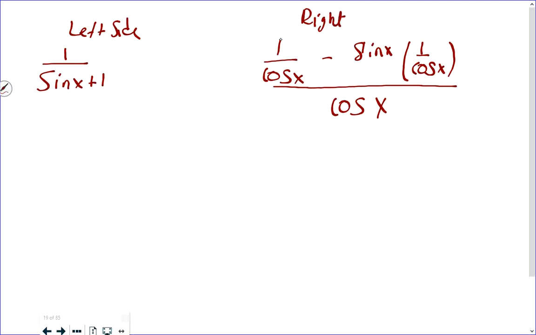I hope it's obvious that the side that needs the most help from us is the right-hand side. Algebraically, it's a mess. Oh, that's not the start of the question, is it?